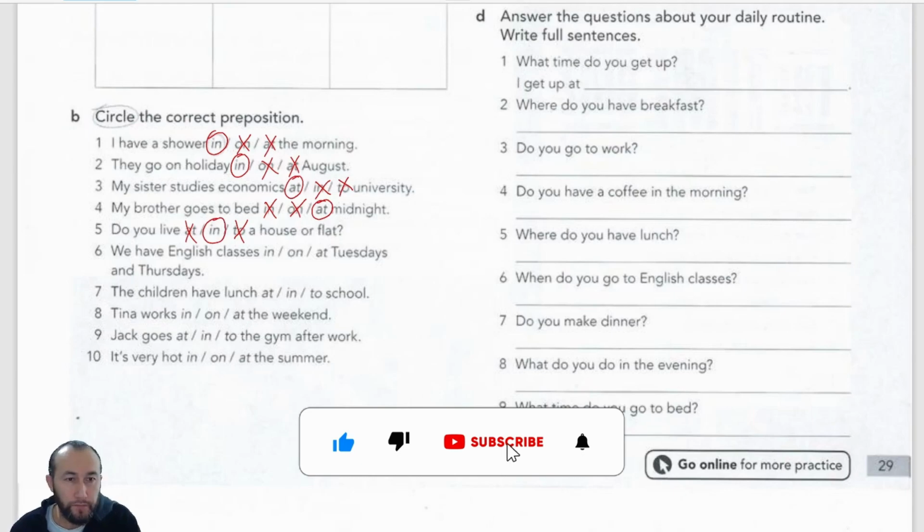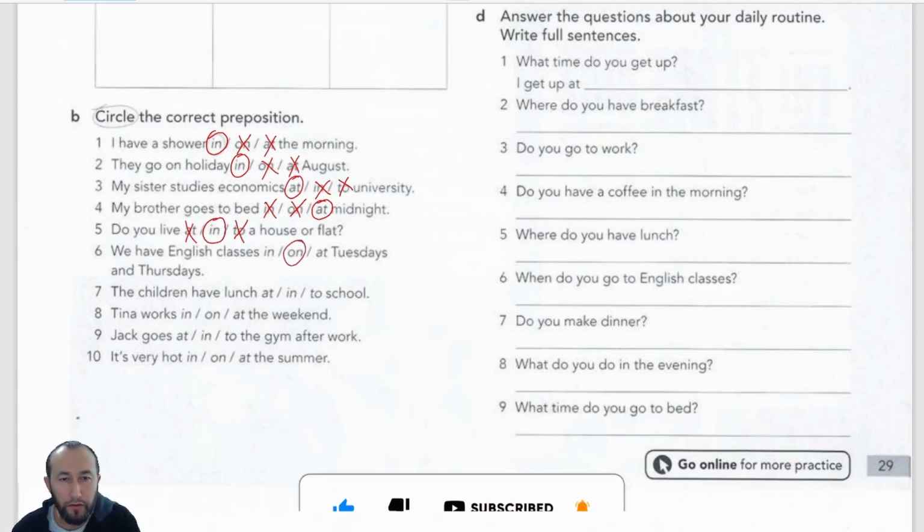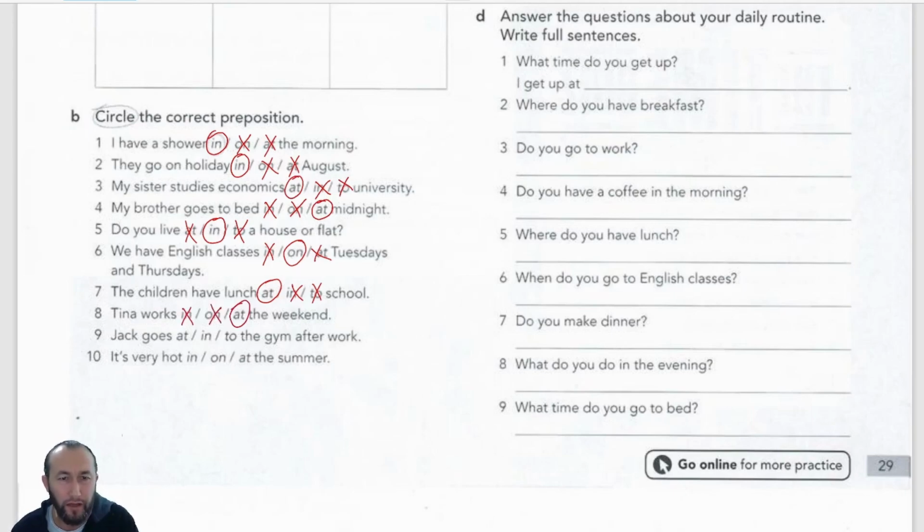Number 6, we have English classes on Tuesdays. On Tuesdays, so in is no good, at is no good. 7, the children have lunch at school. Not in, not to. Tina works at the weekend, guys. At the weekend. Well, in America they say on the weekend, but it's the British style, so at the weekend.